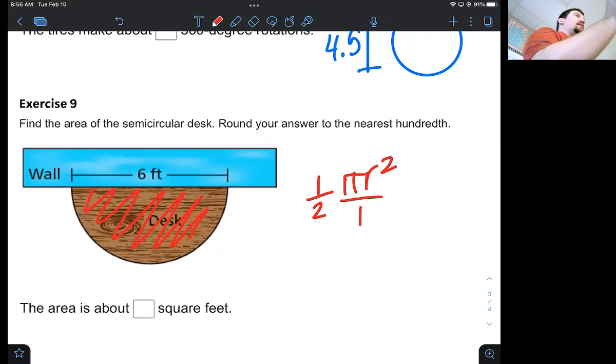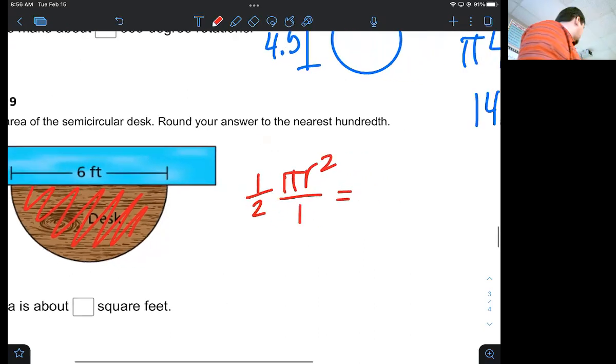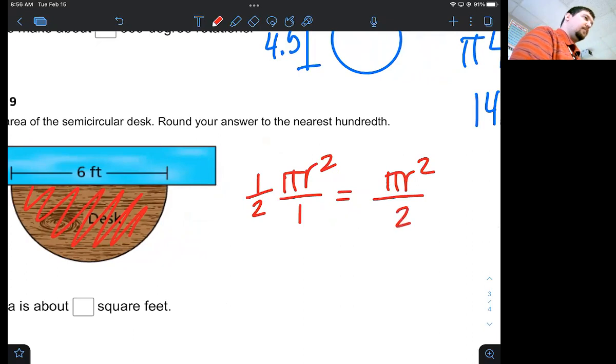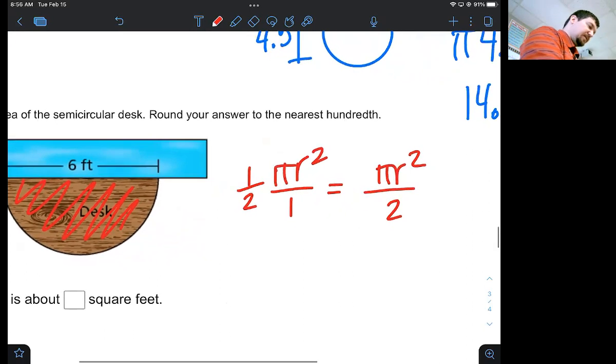That's why you're able to turn any whole number into a fraction by putting 1 on bottom, so it doesn't change it. Well, when I used my multiplication, 1 times pi r squared on top, numerator times numerator, is pi r squared. And 2 times 1 on bottom, timesing by half and putting divide by 2 is the same thing. So I don't care how you write it, as long as you write it as one of those 2 ways.